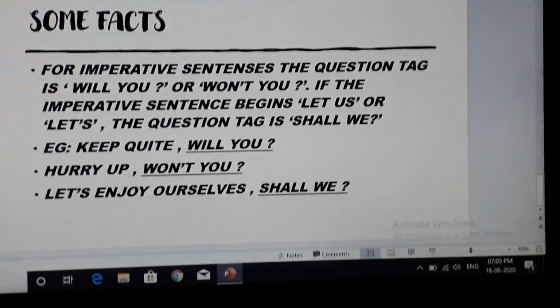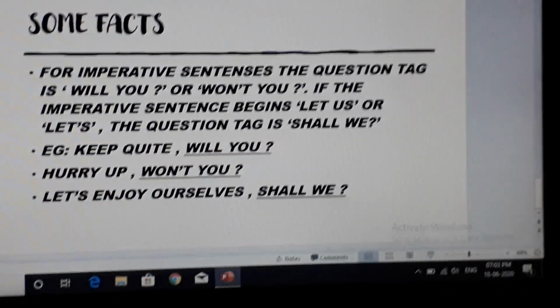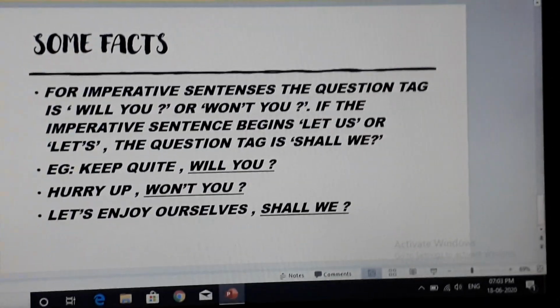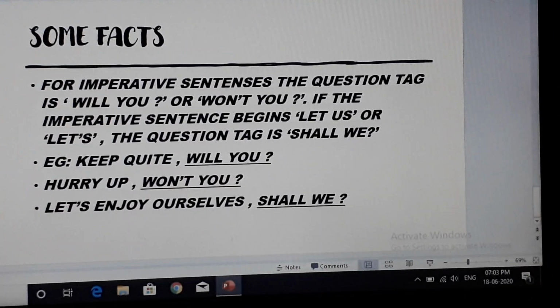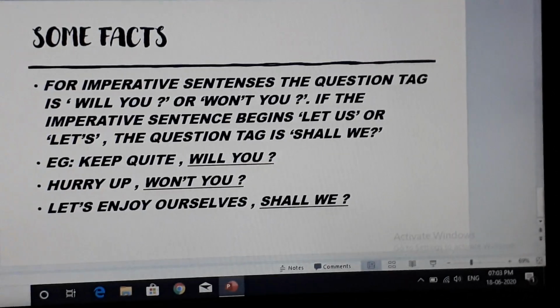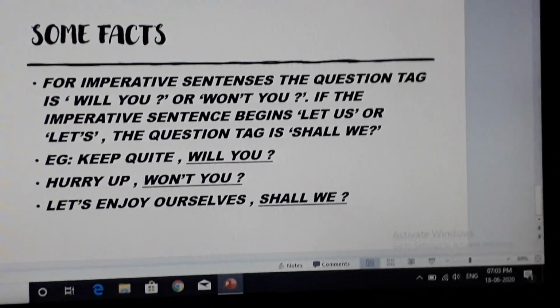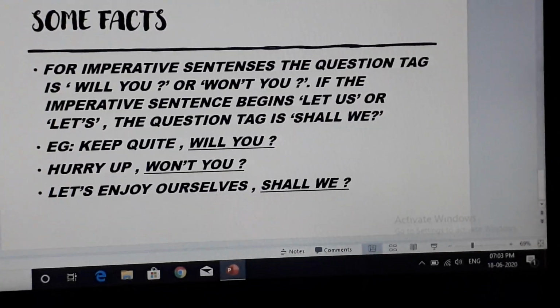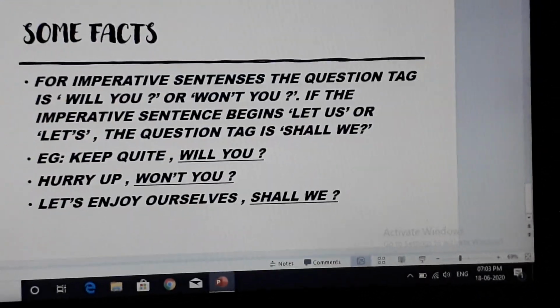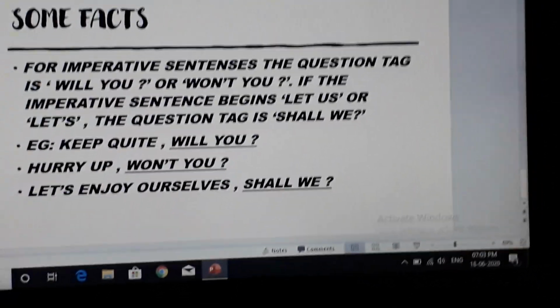Keep is my verb. The sentence is starting directly with a verb. Such types of sentences are imperative sentences. So if the sentence is imperative, we are going to use will you or won't you depending on the sentence. Next is, hurry up. Again it is an imperative sentence. I am going to use won't you.